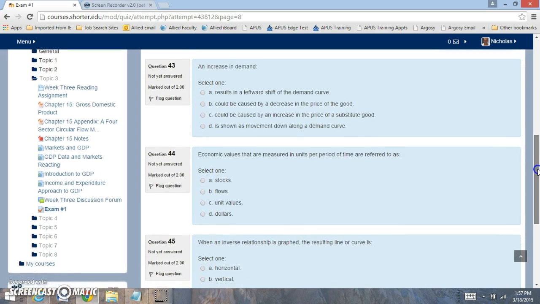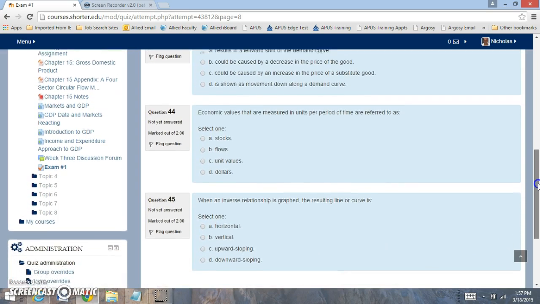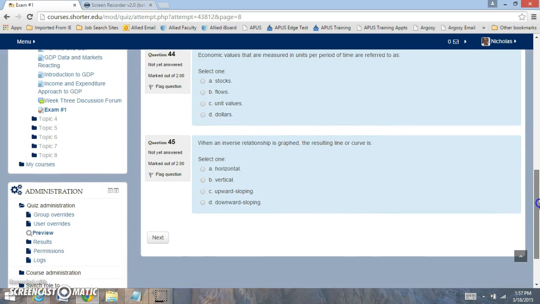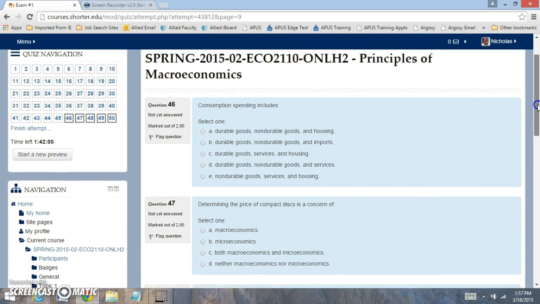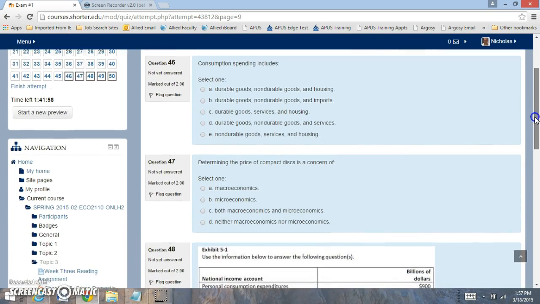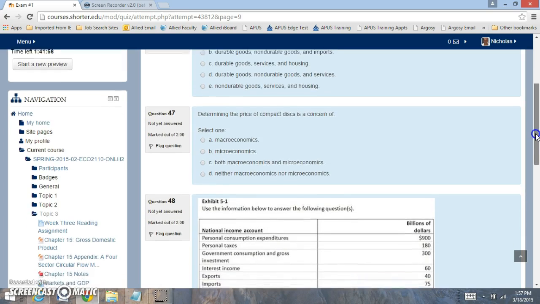Increase in demand, demand curve shifts to the right. Positive relationship is the same thing as direct. Inverse relationship is the same thing as negative. Consumers can spend money on goods and services.